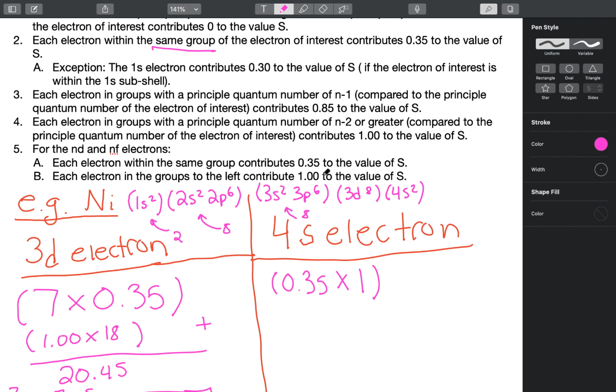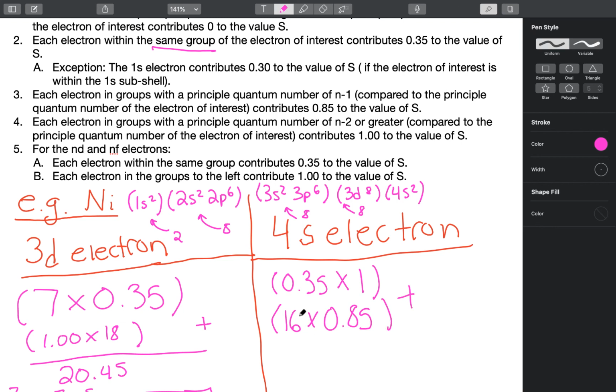Because these two groups have a principal quantum number equal to n-1 compared to the electron of interest. So we have 8 electrons from here, and then we have 8 electrons from here and 8 electrons from here. So therefore, we multiply 16 times 0.85.